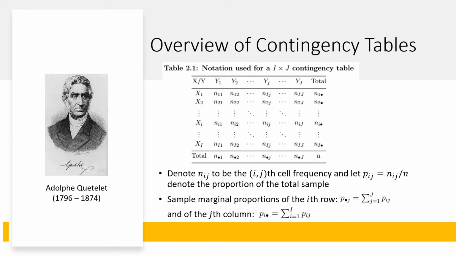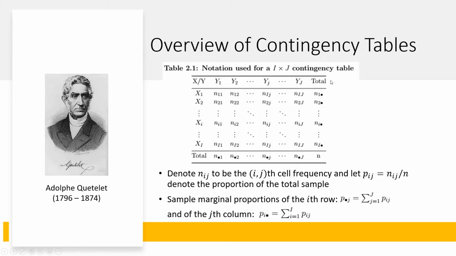The scoring method requires us to understand the notation used for any given contingency table. Let's suppose we have a dataset from a random sample of size n that involves two categorical variables, x with I categories and y with J categories.